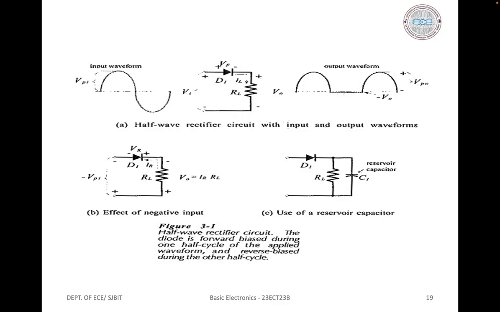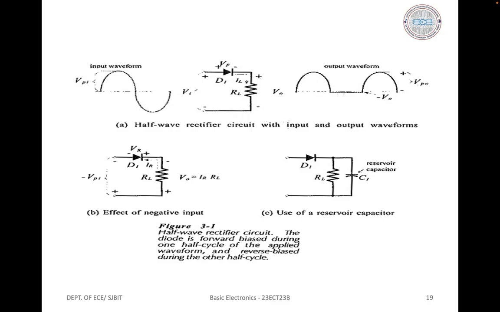The transformer is normally necessary to DC isolate the rectifier circuit from the AC supply. The diode is forward biased during the positive half cycles of the input waveform and reverse biased during the negative half cycles. Substantial current flows through RL only during the positive half cycles of the input. For the duration of the negative half cycles, the diode behaves almost as an open switch.